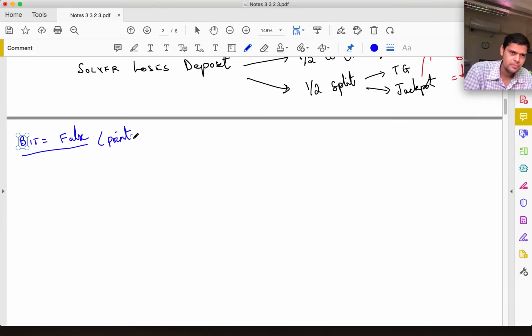So the solver points to SF. Now what should we do? And in this case the solver is given nothing.